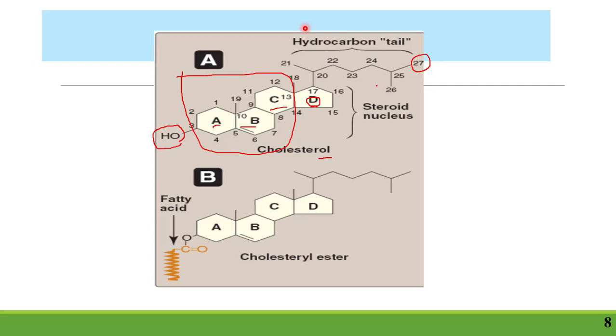The other characteristic of the sterol is a double bond between carbon atom number 5 and carbon atom number 6, as you can see here. And also there is an 8-carbon beta-oriented side chain attached to carbon number 17.